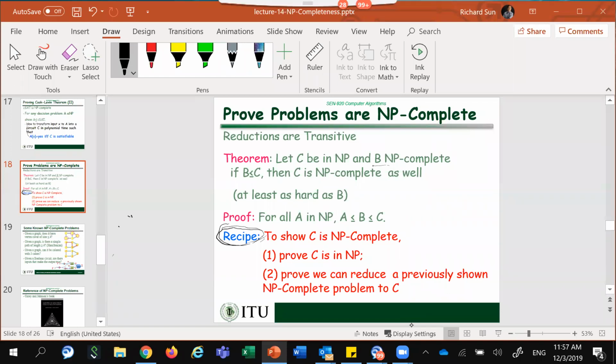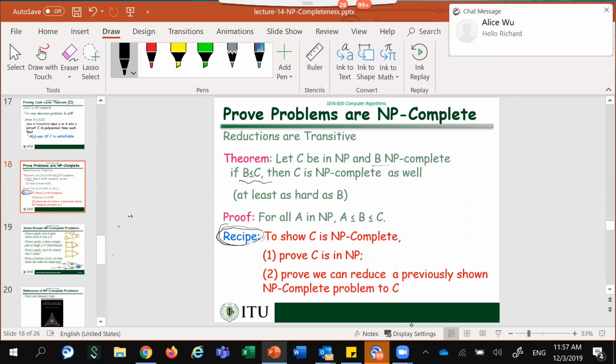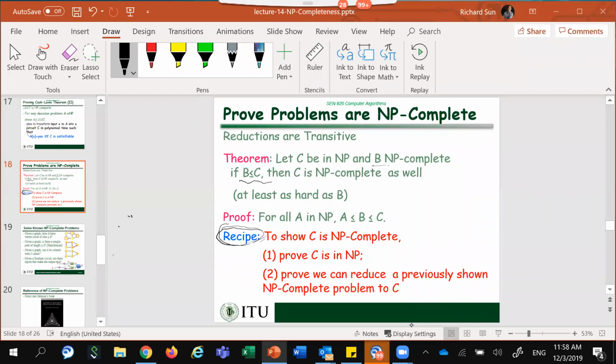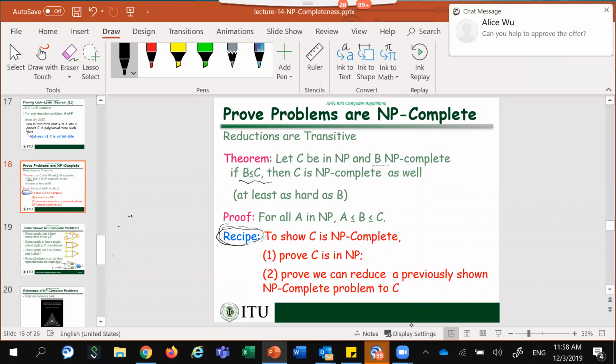You also prove a known NP-complete problem is reducible to C. Because B is NP-complete, A is polynomial time reducible to B. And if B is polynomial time reducible to C, therefore A is polynomial time reducible to C.